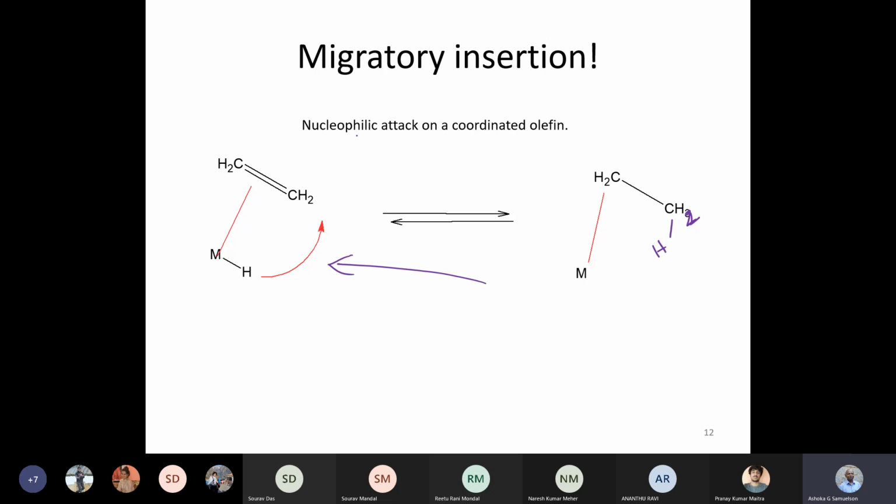So you can think of it as if an olefin has undergone a nucleophilic attack by the hydride. So that could be one way of understanding this whole reaction. And the reverse reaction, which is the beta hydride elimination, is the reverse of this nucleophilic attack on the coordinated olefin.